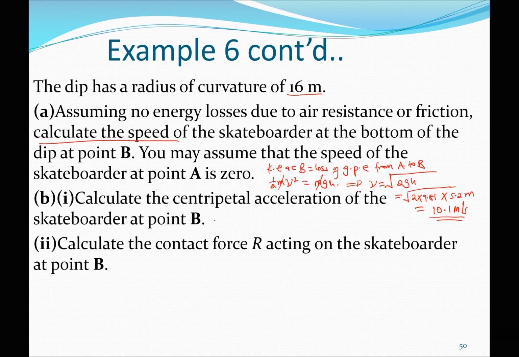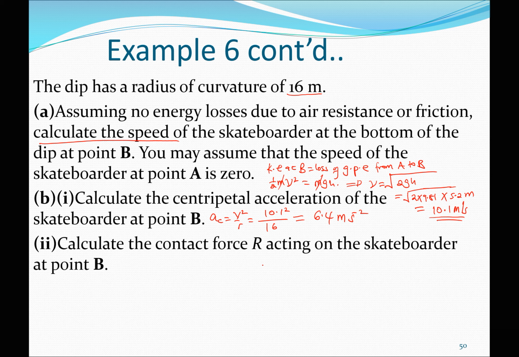Then part B is saying calculate the centripetal acceleration of the skater at point B. Centripetal acceleration is going to be v squared over r, which is 10.1 squared over the radius, 16 meters. So 10.1 squared divided by 16 is 6.38, which is 6.4. So this is 6.4 meters per second squared.